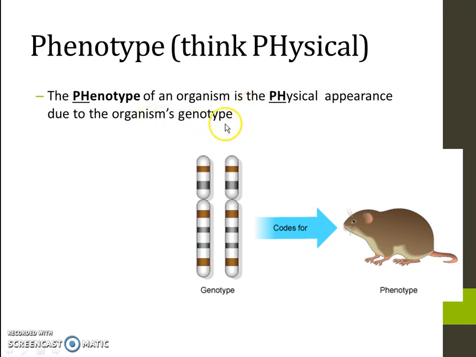So the appearance is due to the organism's genotype. So going back to our true and false from transcription and translation, the genes determine the physical characteristics. The genes determine the proteins. The genes determine the phenotype. So, with these two gene combinations, genotypes, you would have this phenotype. With this genotype, you'd get this phenotype.